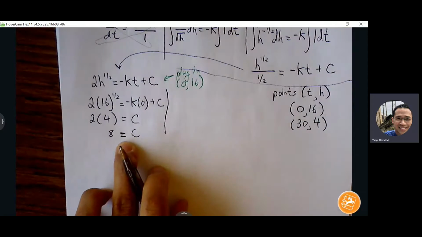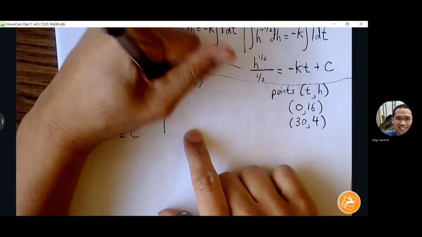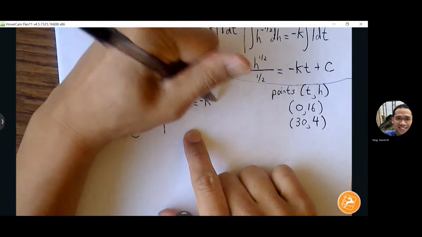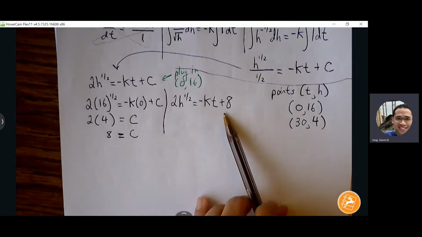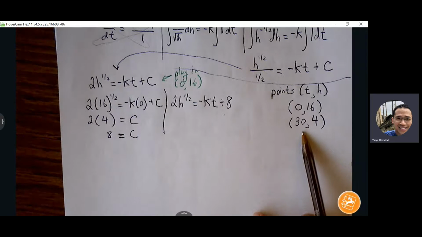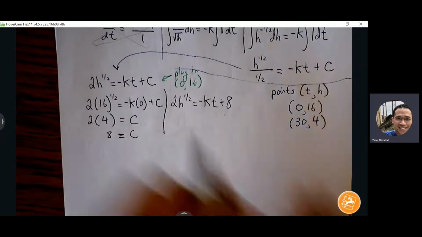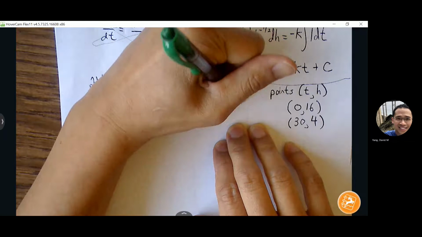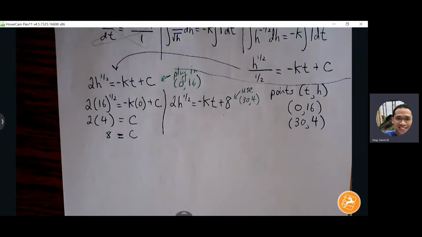Once you have your c value, you're going to go back and update your previous equation. And now that I have my updated equation, I'm going to turn to my second ordered pair and see if that can help me out. Okay, so 30 in for t, 4 in for h.